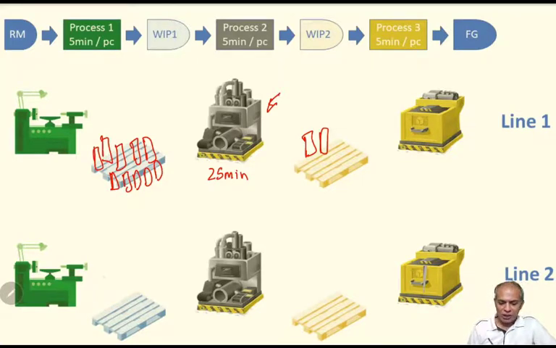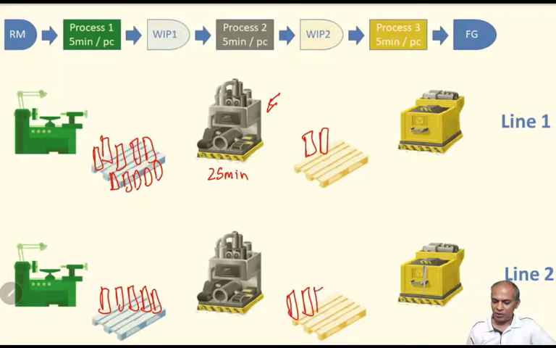In assembly line 2, let's assume I have 5 pieces of inventory here, and here also I have 5 pieces of inventory. Now let's say the marketing person here finds that we need to change something about the product because the market requirement has changed.